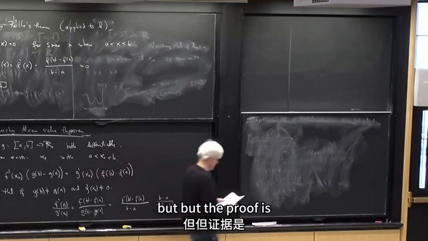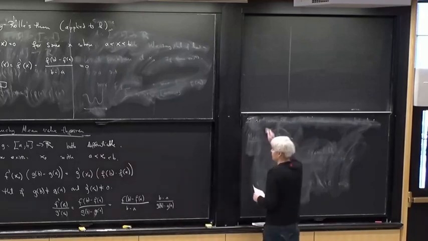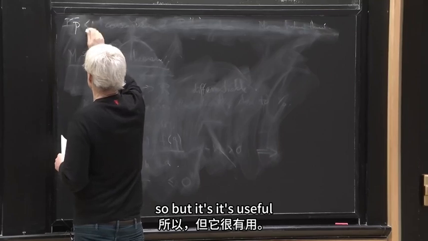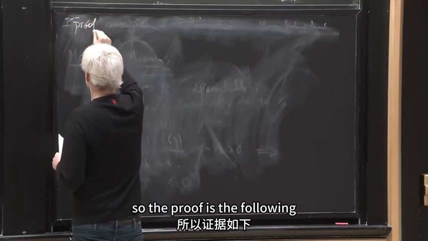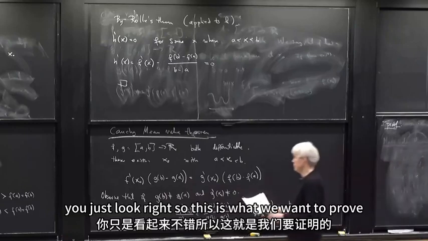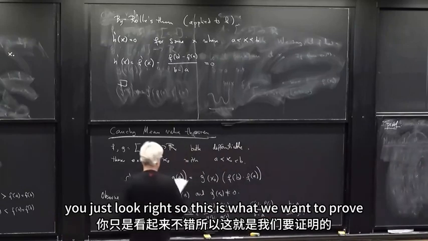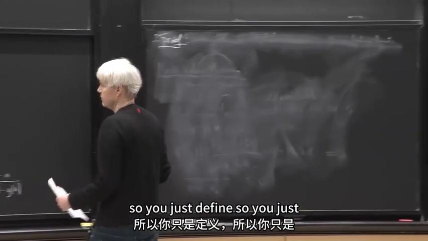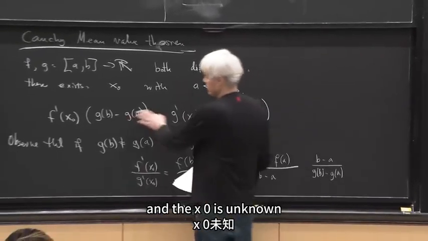But the proof is quite trivial. But it's useful. So the proof is the following. You just look, right, so this is what we want to prove, right? So you just define, and the x0 is unknown.